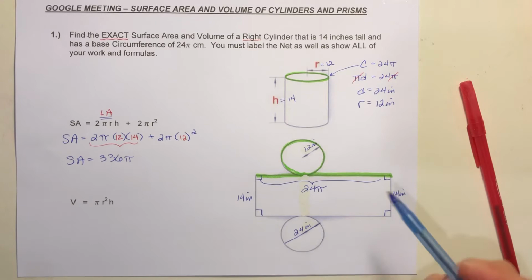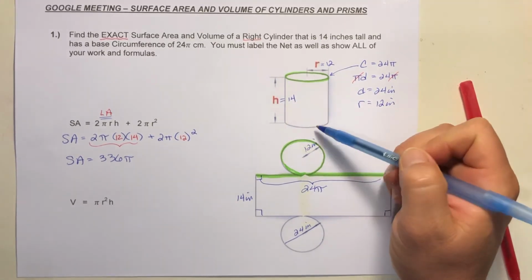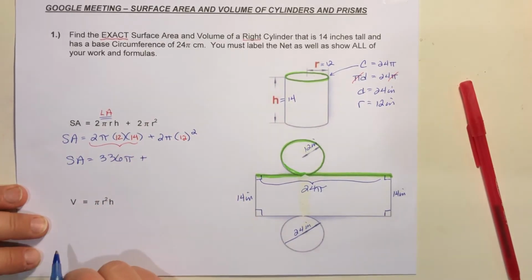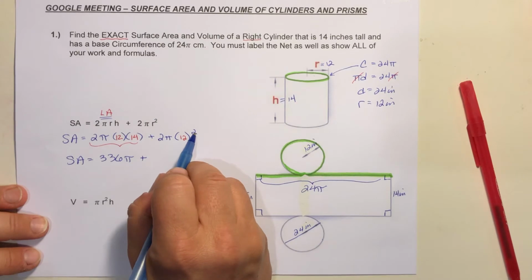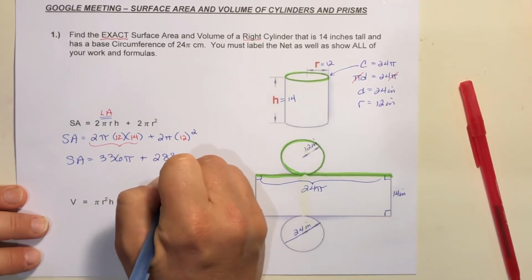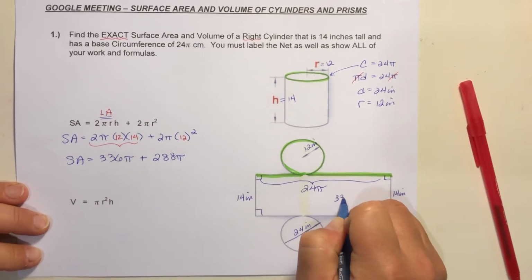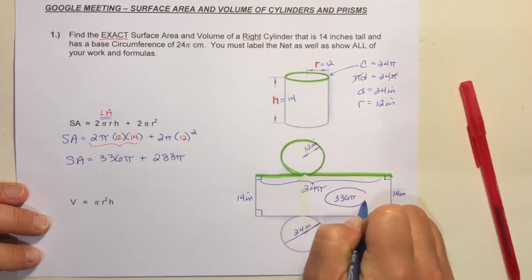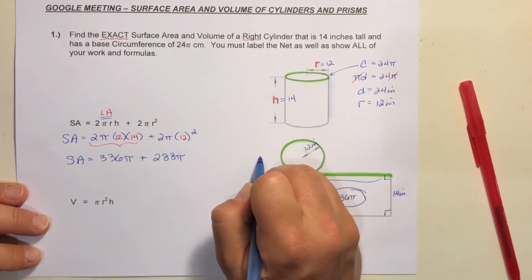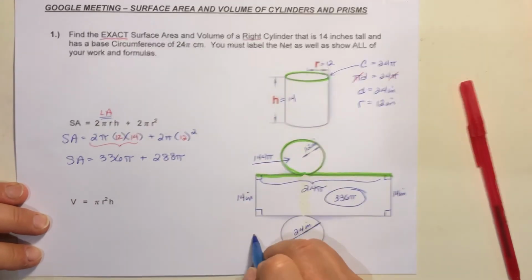But that's not the total surface area, right? Because on the cylinder, we have the lateral area plus 2 circular bases. So what I'm going to do right now is add on 2 additional base areas. 12 squared is 144, times 2 is 288 pi. Let me quickly explain that. If the area of this rectangle was 336 pi, then 12 squared pi means one circle is 144 pi.